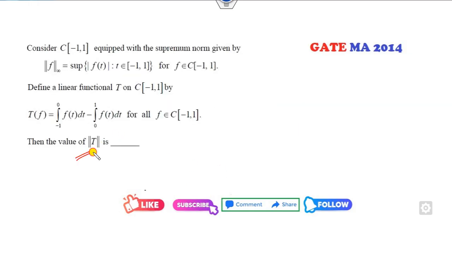Again you can see your target is to find the norm of t. So I can write this function as defined by f comma g. So what is g in this case? Again there are 2 cases: from minus 1 to 0 the value is 1, and from 0 to plus 1 the value is minus 1.